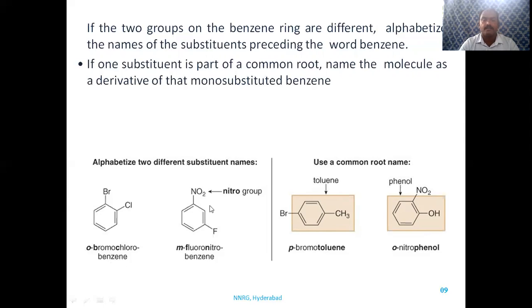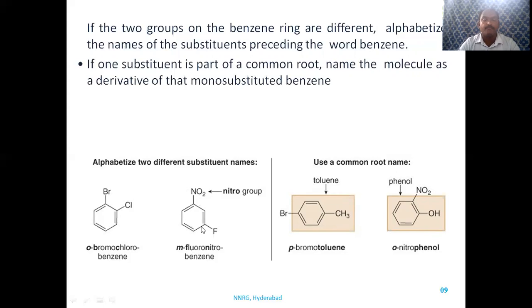One more example: the benzene has two substituents, a nitro group and a fluorine group. Fluorine comes first, so meta-fluoro-nitrobenzene. So whenever you have two substituents, we need to name them in alphabetical order, and then benzene.